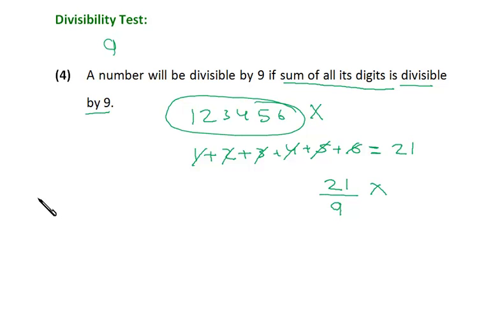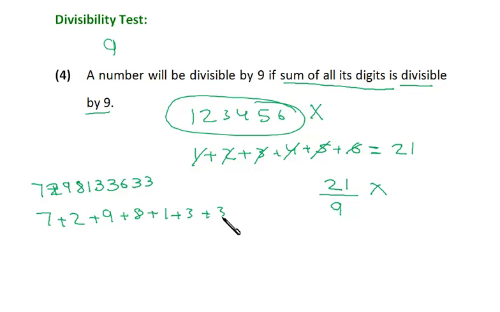Now suppose we've got this number 7, 2, 9, 8, 1, 3, 3, 6, 3, 3. Fine. Now we should check whether this number is divisible or not. That's 7 plus 2 plus 9 plus 8 plus 1 plus 3 plus 3 plus 6 plus 3 plus 3, right?